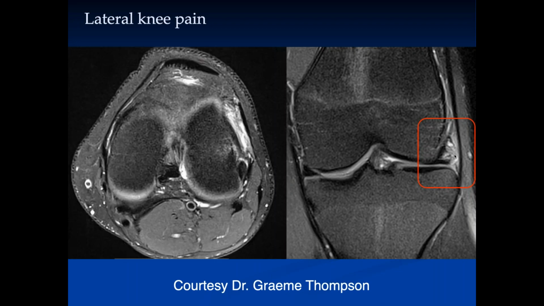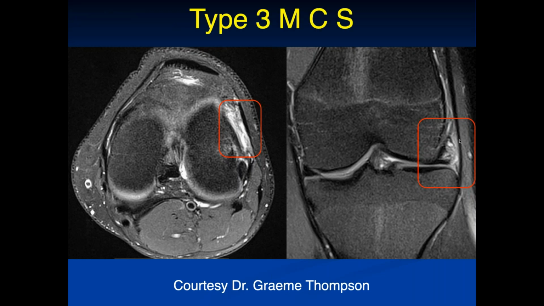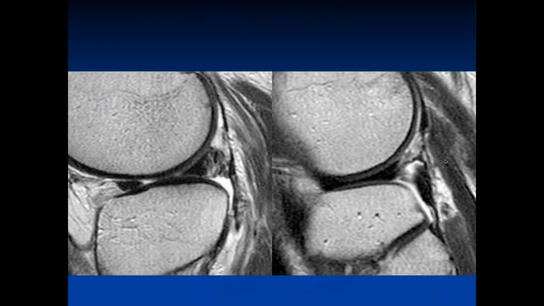That looks like that could be a tear. On the axial images, it looks like there's a peripheral tear of the lateral meniscal body. Okay. Yeah, so I think there's a peripheral tear. I agree with you.